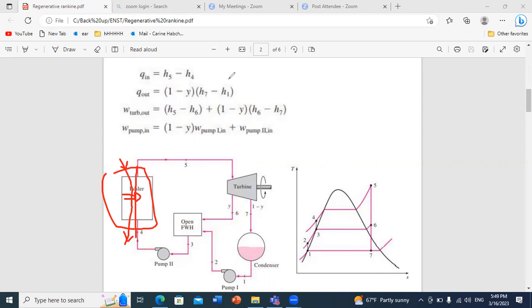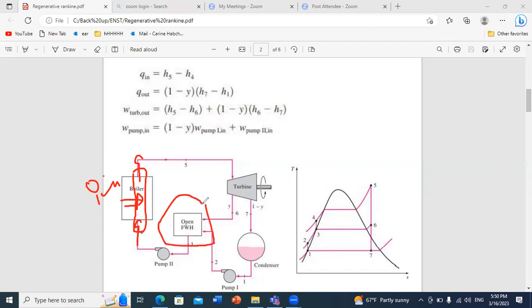But when we take as control volume just the fluid stream of interest in the cycle, we say that we have Q dot in, because it comes from the combustion gases. When you take the whole open feed water heater as the system, it's a heat exchanger that does not interact with the surroundings.